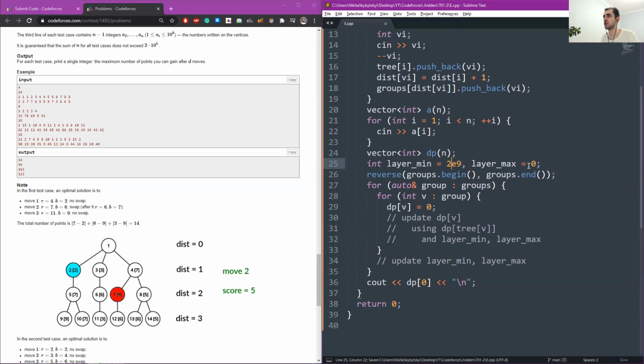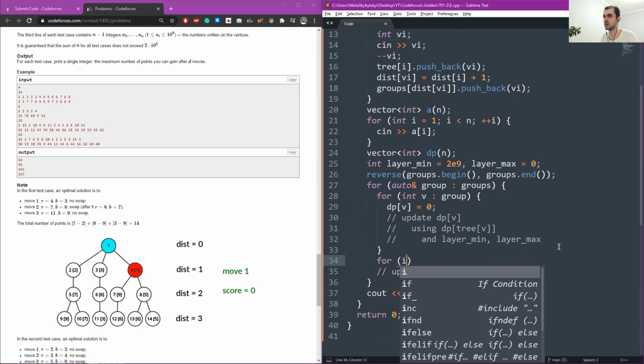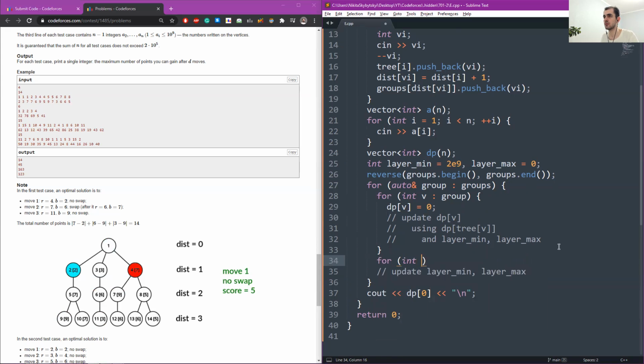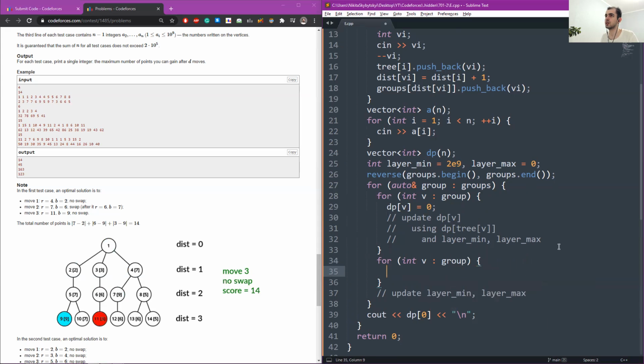To be extra sure, we can afford something like that, layer min.